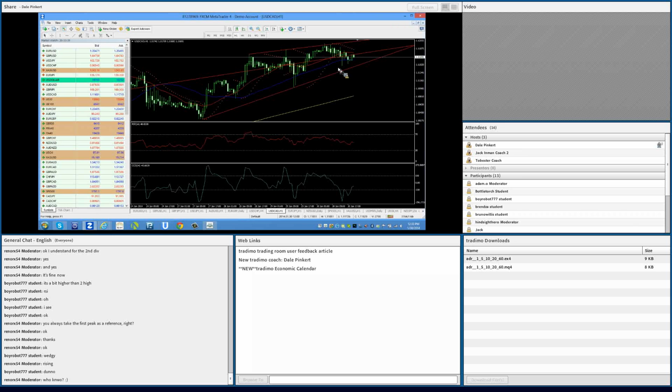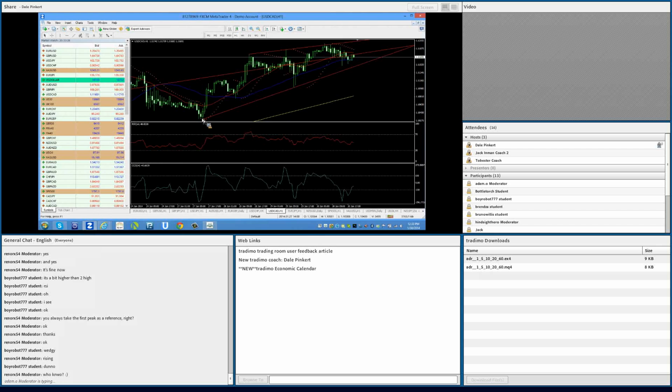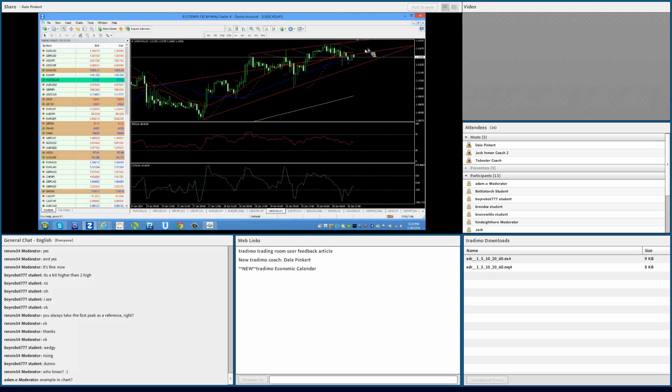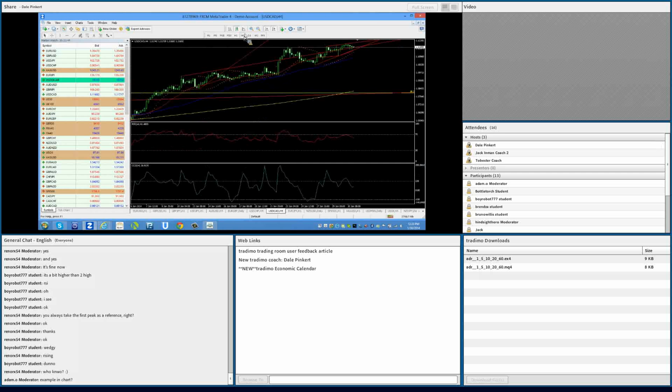So the implied target is the bottom of the wedge. Wedges can retrace 100%. That's why they're such bearish formations. I'm not saying that we can't have pit stops at this moving average before that happens. Example in a chart. You'll find them everywhere. Let me look for a wedge.